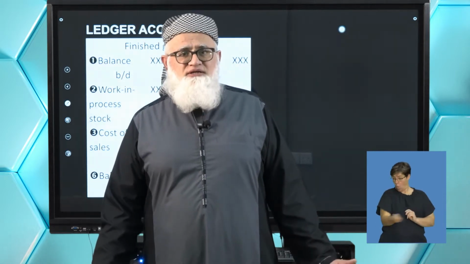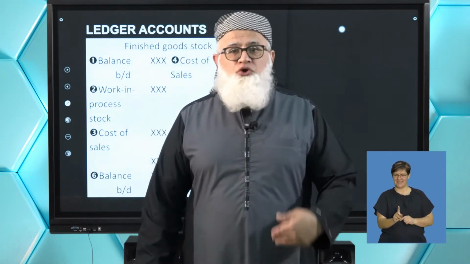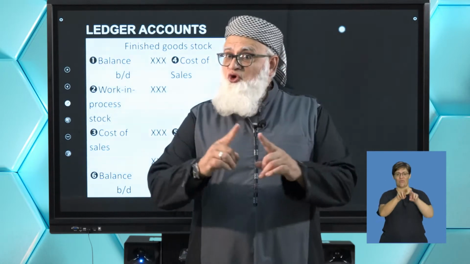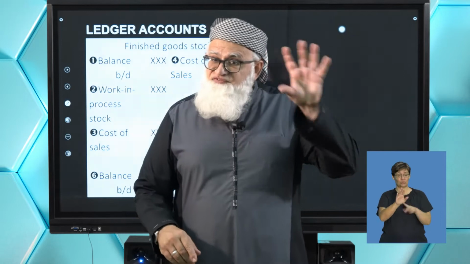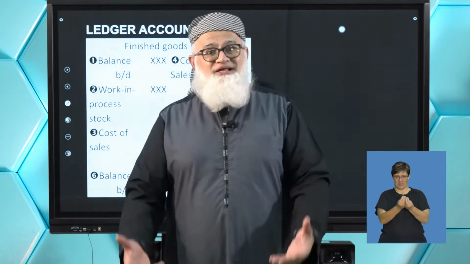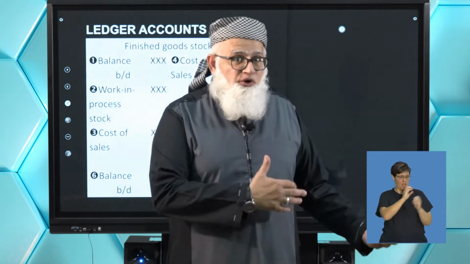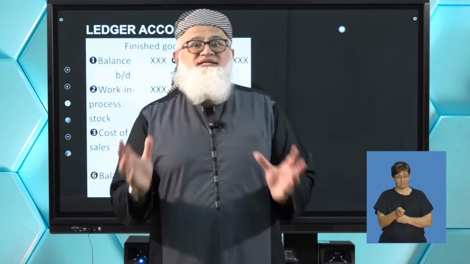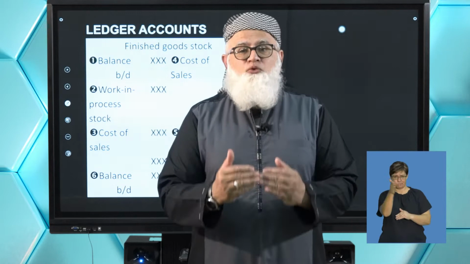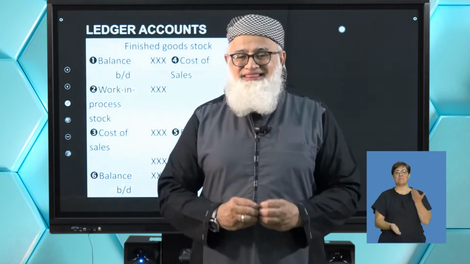Certainly not. Remember, showroom, finished goods. That's where we're selling the goods that we have manufactured already. So when you walk in there, you've got items on the shelves, and that will be your balance at the beginning of the year.